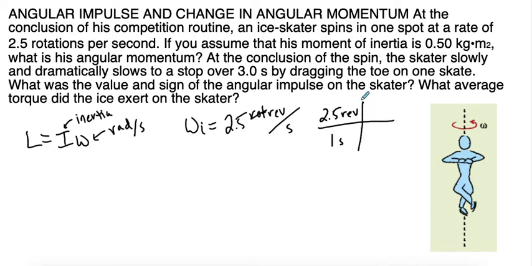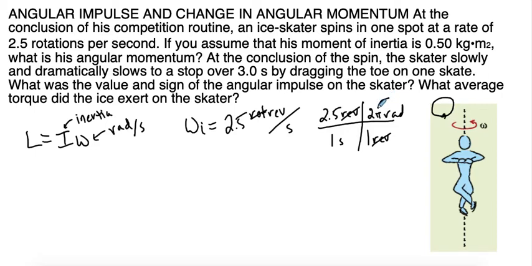We have to think about radians here because we want to convert that to radians per second. Every revolution we're going through one entire rotation of a circle, and a circle is 2 pi radians. So one revolution is equal to 2 pi radians. With that dimensional analysis, our revolutions would cancel and we'd be left with radians per second.